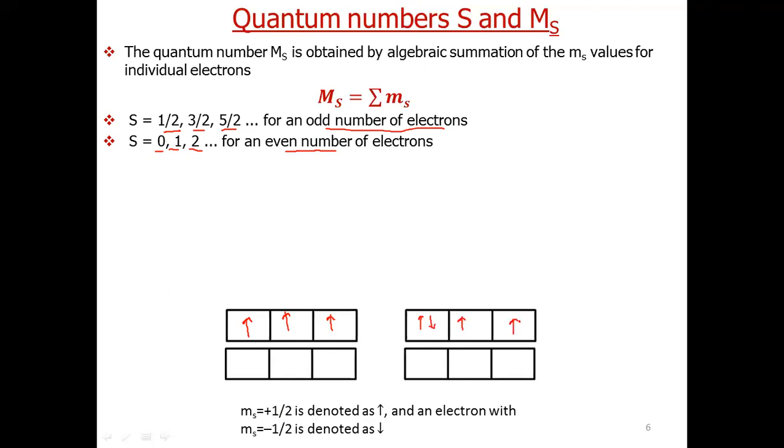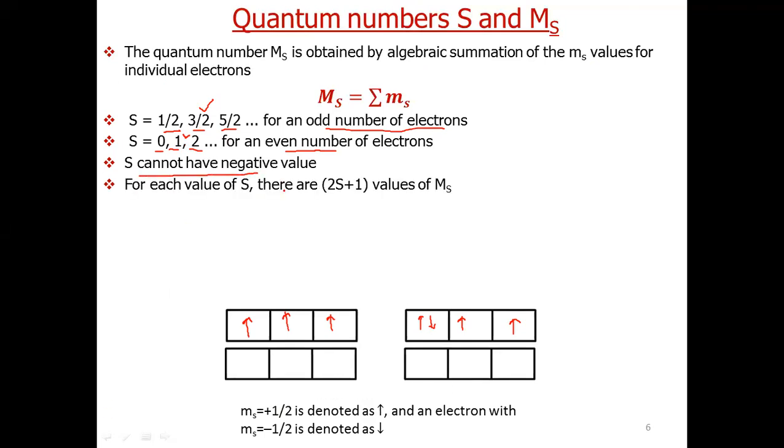Now let us calculate: for odd numbers of electrons, it comes out in fractions, like 3 by 2. For even numbers of electrons, half minus half is 0, half plus half is 1, so it comes out to be a whole number. So if the electrons are odd, S will come out in fractions. If they are even, it will be a whole number. But S cannot have a negative value. It will always be positive.